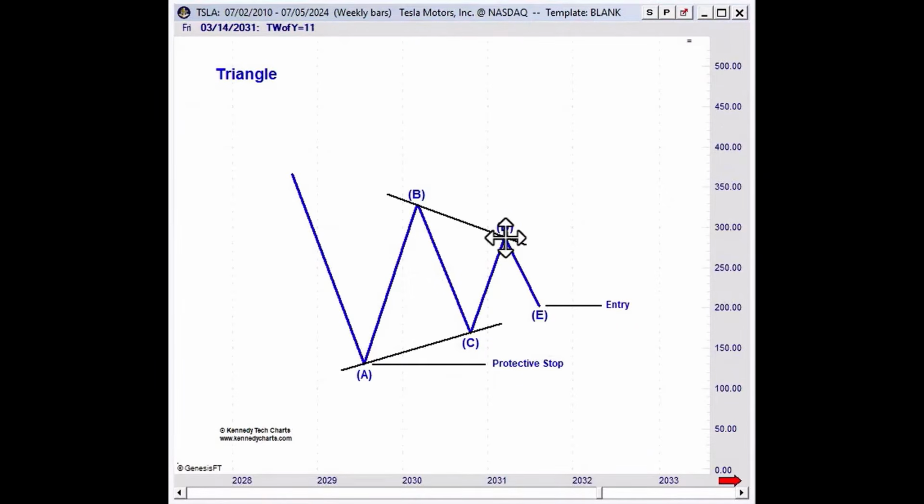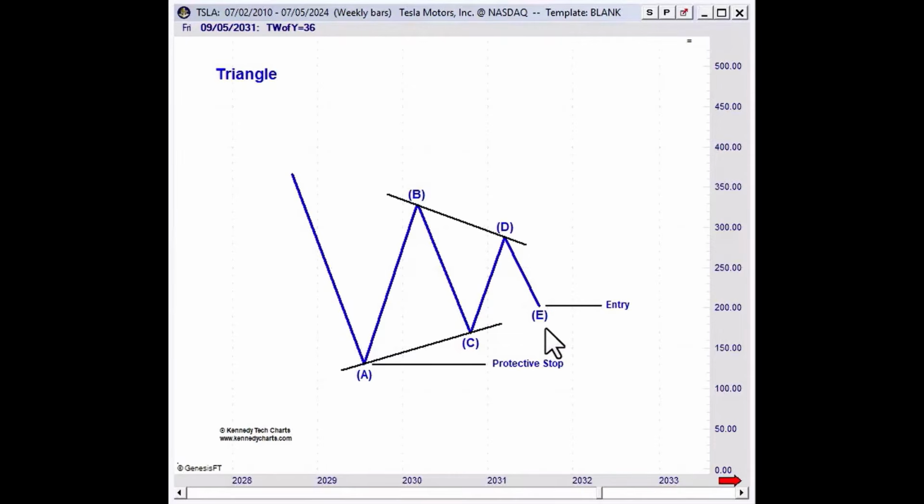As soon as you count 3 waves down within wave E, it's going to be like nails on a chalkboard trying not to do anything. You're going to want to get in. You have to learn to curtail and manage those emotions, but I know it's going to happen. There are some of you out there who are going to want to see this 3-wave decline for wave E and jump in.